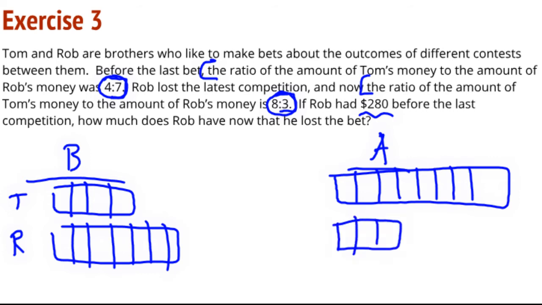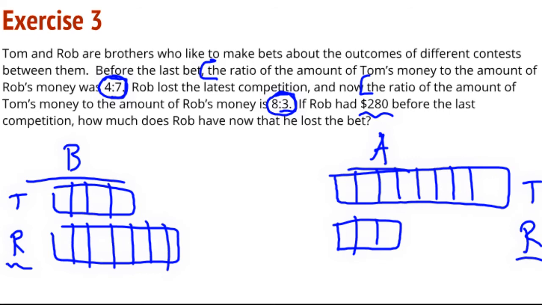Looking at these ratios, I have this feeling that Rob lost a lot this last go around. The ratios have really changed in opposite directions here. In this before situation, it appeared that Rob was way ahead, and now Rob is way behind. So I'm thinking that this last go around did not go well for Rob.